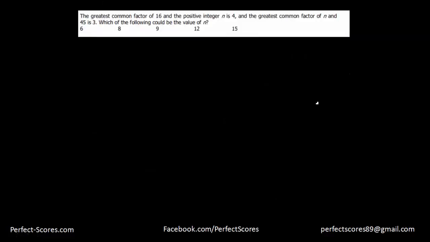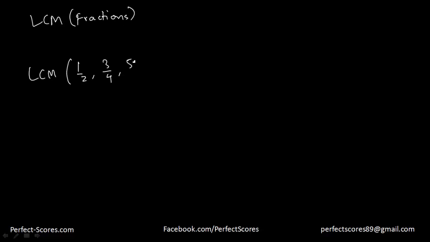Let's suppose I want to find the lowest common multiple of fractions, say 1 over 2, 3 over 4, and 5 over 7. How am I going to find that?